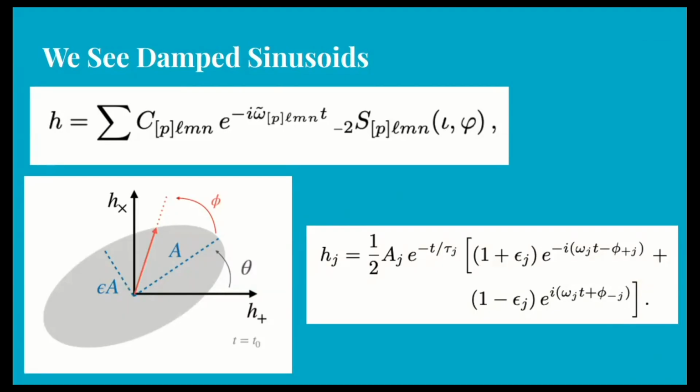Better? Sweet. So if you want to put a flat prior on the amplitudes, then you have this divergence at the origin in the quadratures. Those are the things that actually turn up in the waveform.